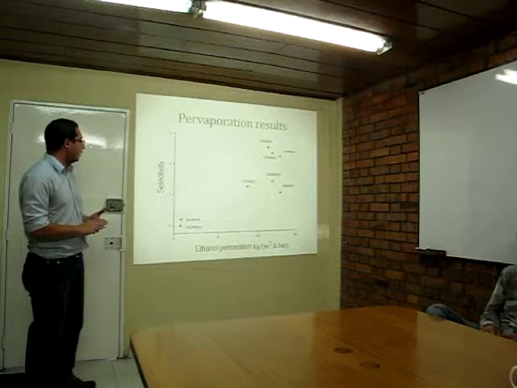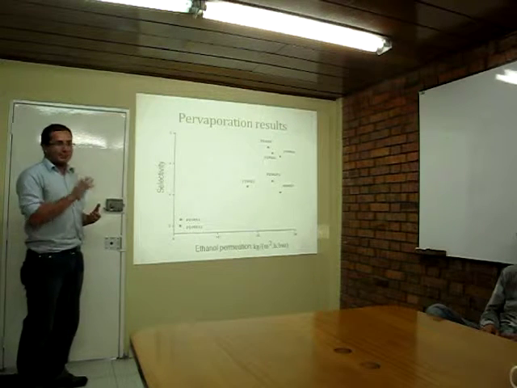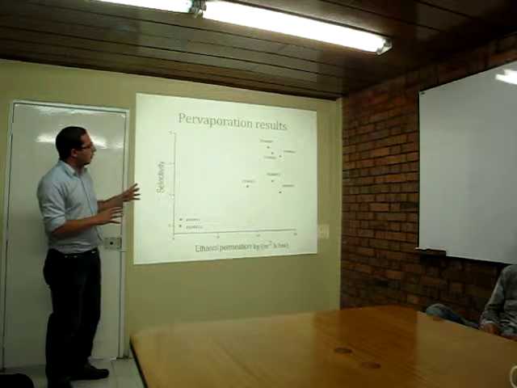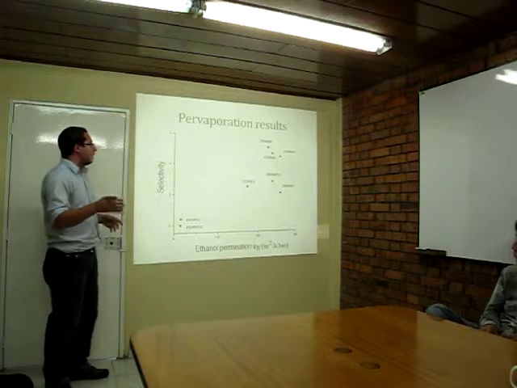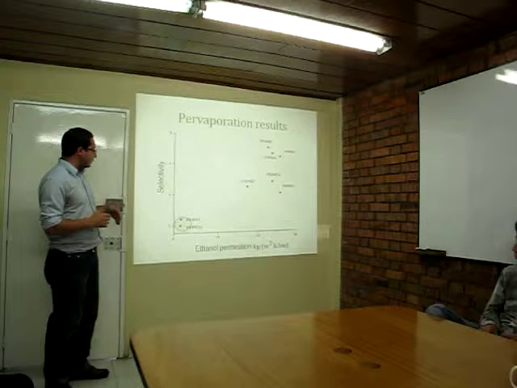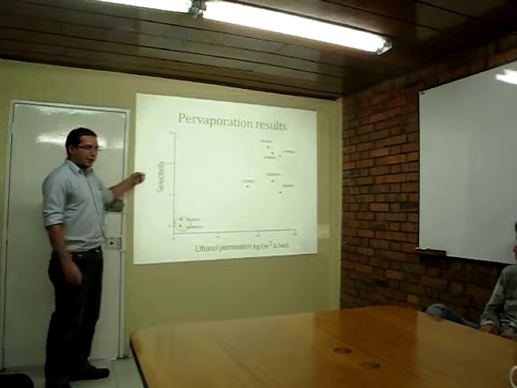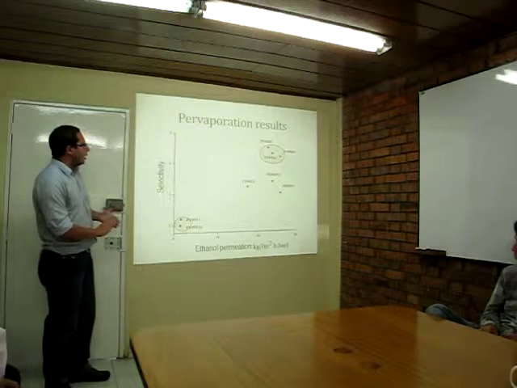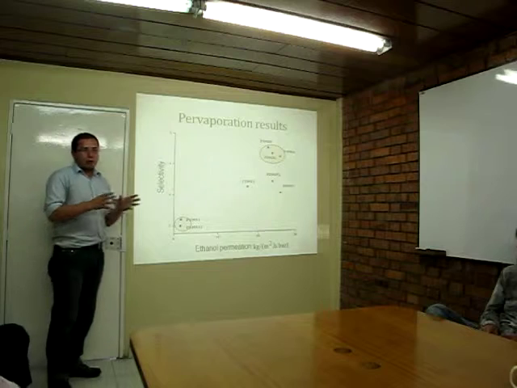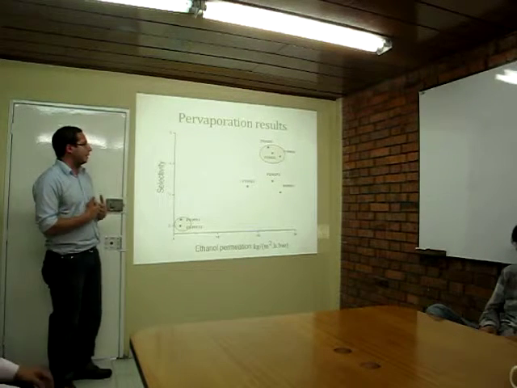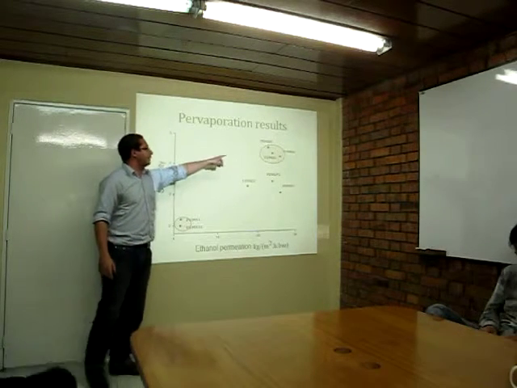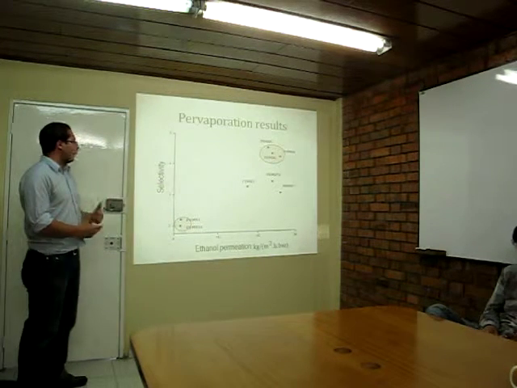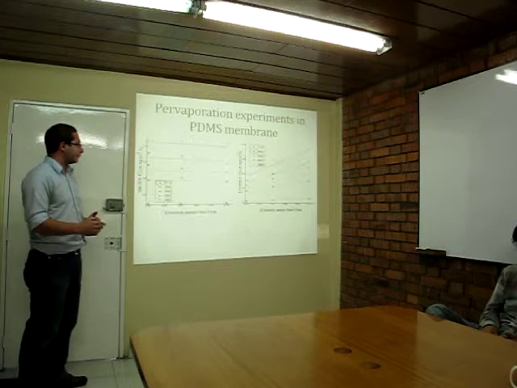We tested many membranes in this work, but I want to show only the better membranes. Finally, we need a membrane that has more selectivity and more ethanol permeation. We evaluated all the membranes, and we concluded that we're going to work with this membrane, PDMS5, because it was the membrane with high selectivity.